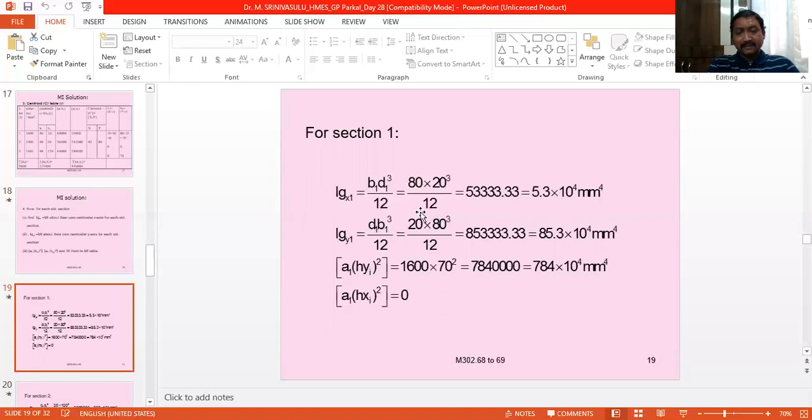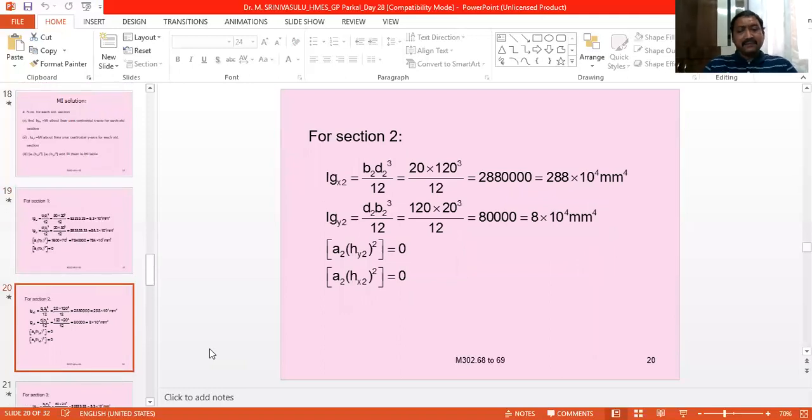By substituting the values, we get 85.3 into 10 power 4. We know hy1 is 70, so area multiplied by the square of the distance, that is 6400 into 70 square, gives 784 into 10 power 4. Now hx1 is equal to 0, therefore this term is 0.